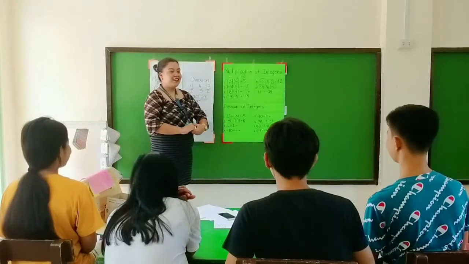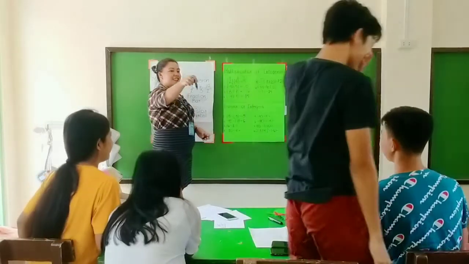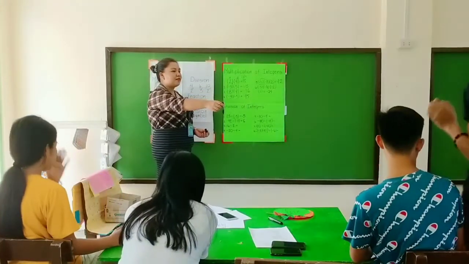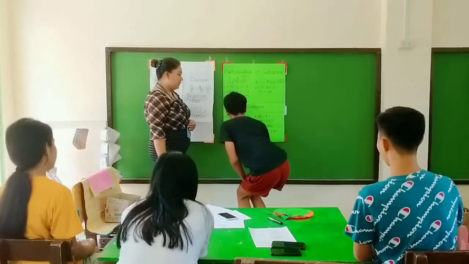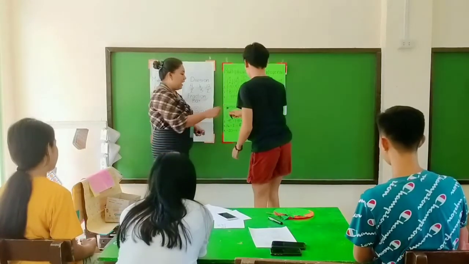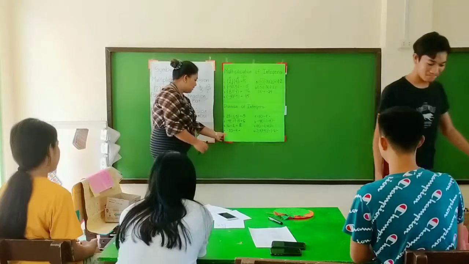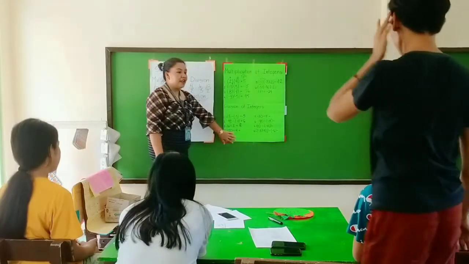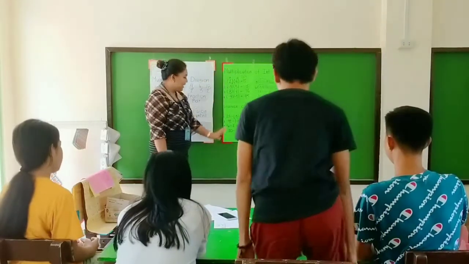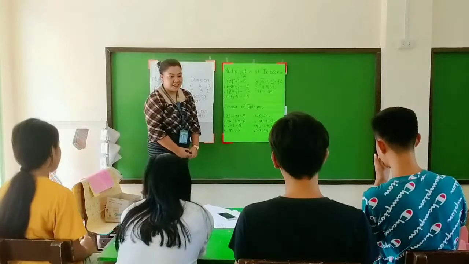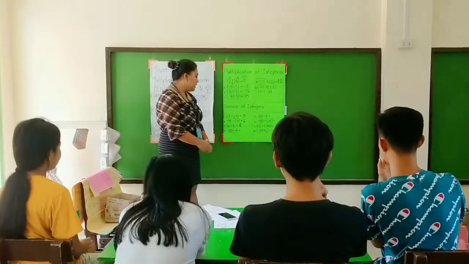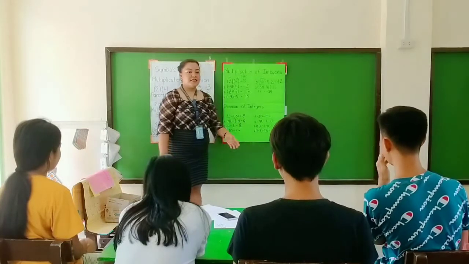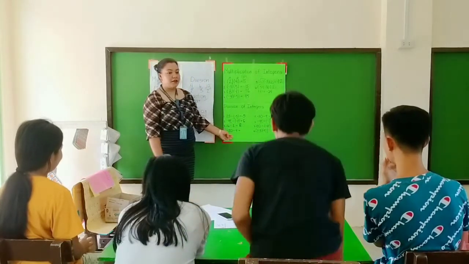Yes, Jill? What is it? Can you please write your answer? 8. Okay, 8. That is positive 8. Is that correct? Yes, ma'am. Okay, Jean. Can you explain why is it positive 8?